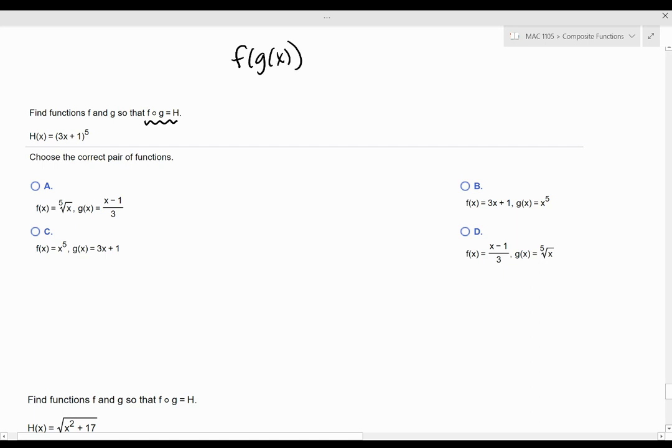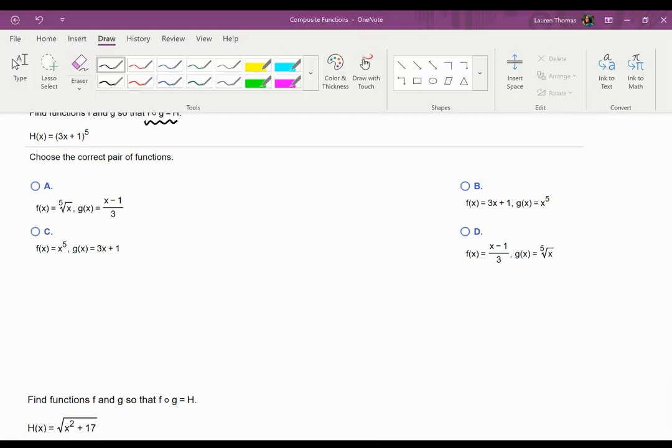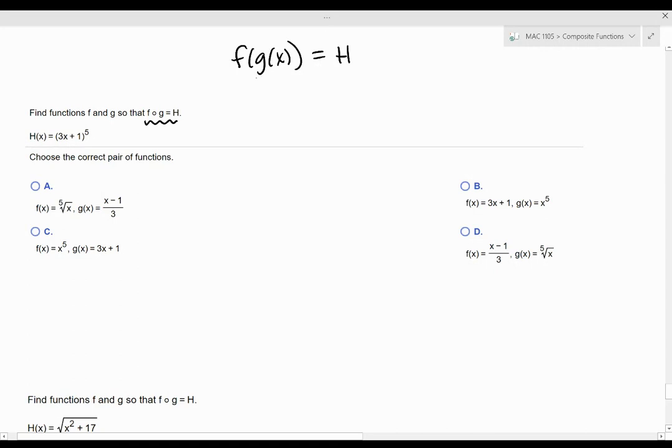g of x is going to be our inside function, and f of x is going to be the outside function. So we're looking for a function that sits inside of the other.